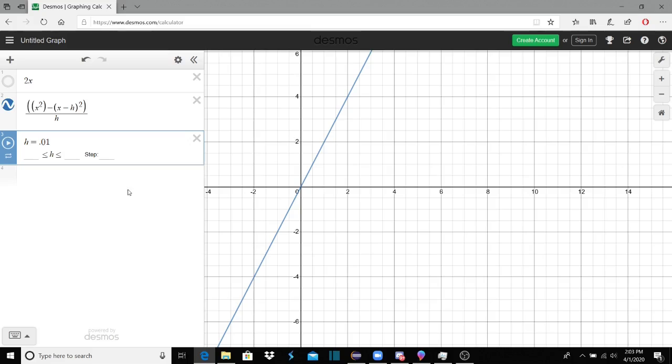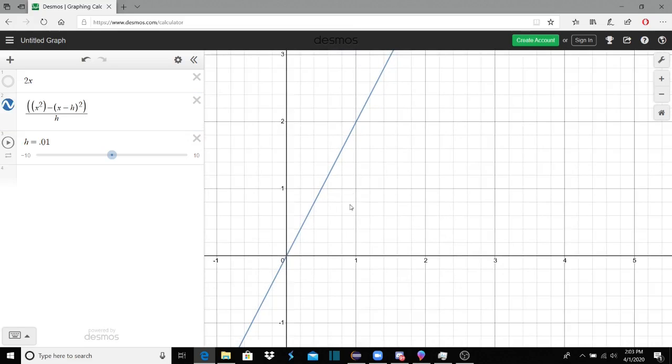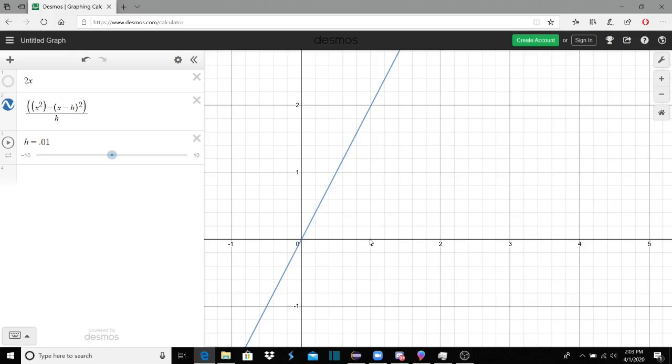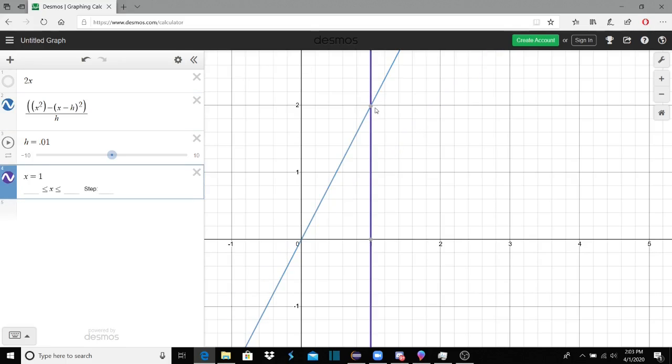And you're going to notice that when I go to 2, when x is 2, or not when x is 2, I'm sorry, better example. When x is 1, can I actually do that? Yeah, we'll do x equals 1. Why not? So look at that. It's 1.99.